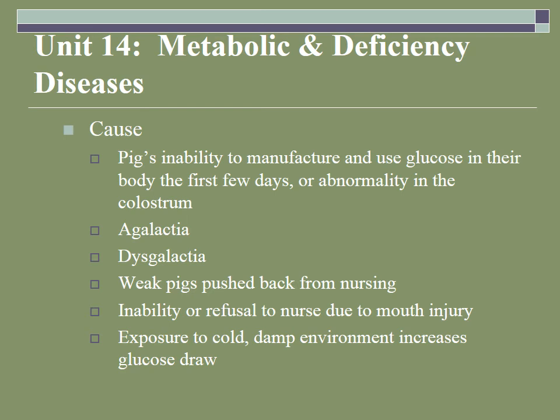Agalactia that's listed there next is actually a problem with the mother sow, that she does not make any milk, or dysgalactia, which would be abnormal milk. You also have this that occurs in weak pigs, kind of the runts of the litter, so to speak, that get pushed back from nursing. So basically, you have lots of things here that could cause this particular disease.